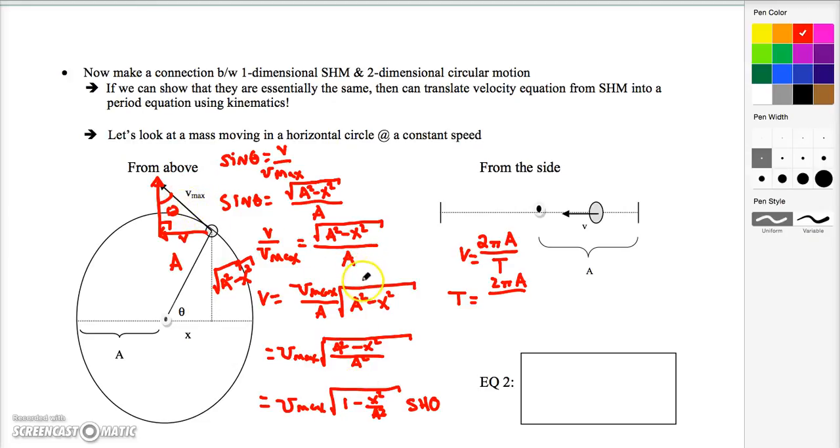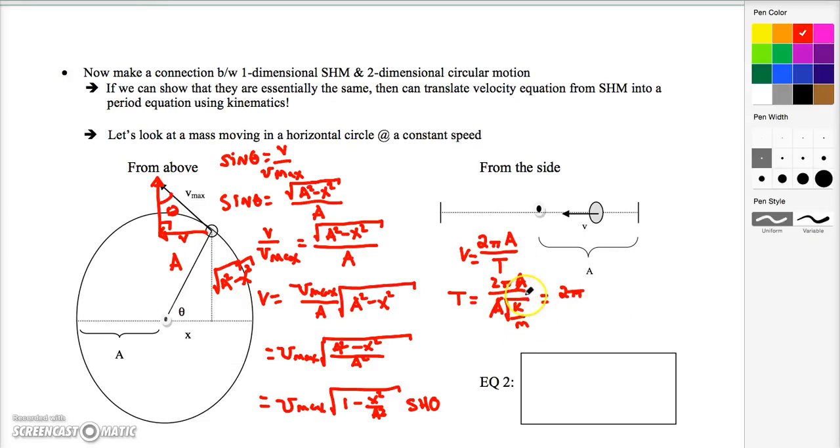And we saw from the previous page that the maximum speed is a times radical k over m. So this is from the previous page, we did v max equals a times radical k over m. So the a's cancel out, and I'm left with 2 pi. And what I'm going to do is flip this.